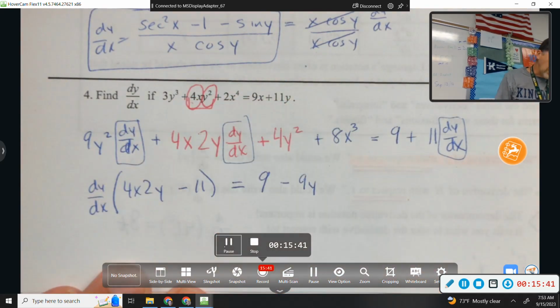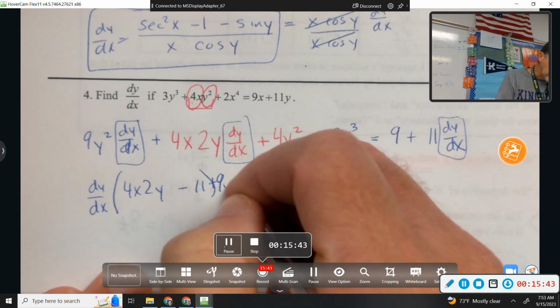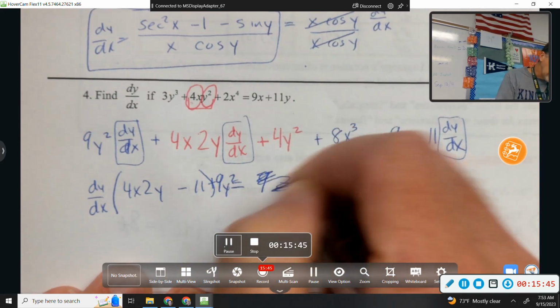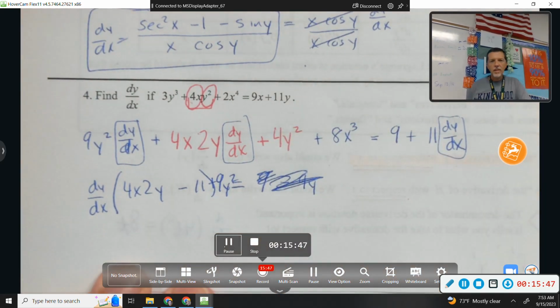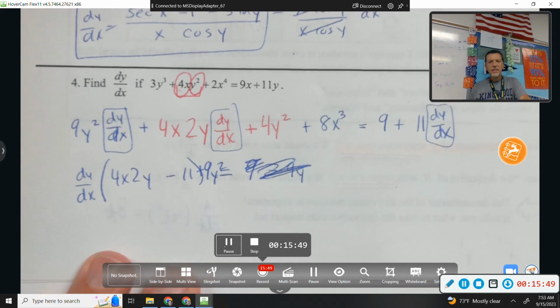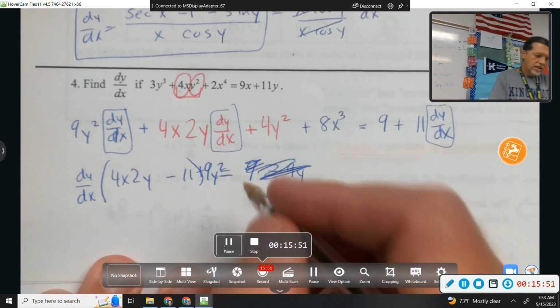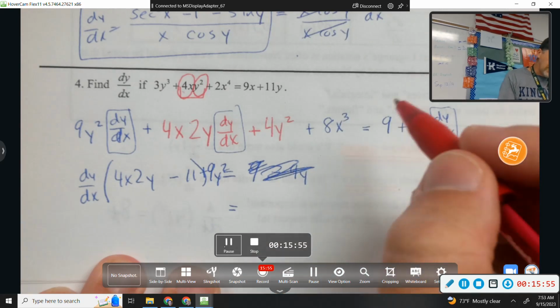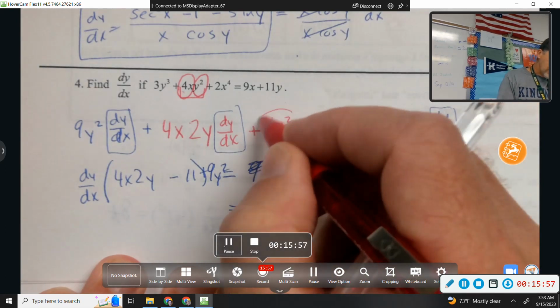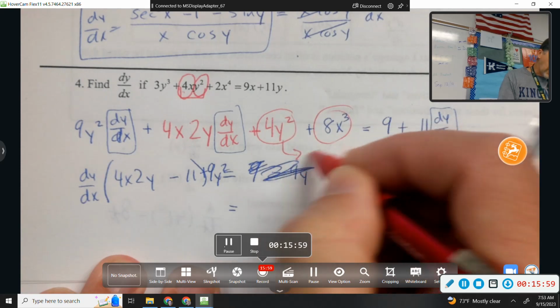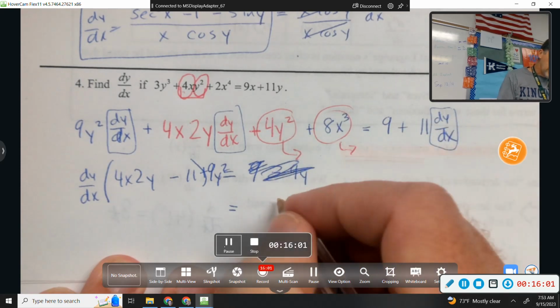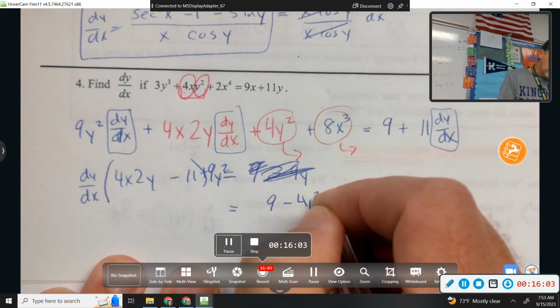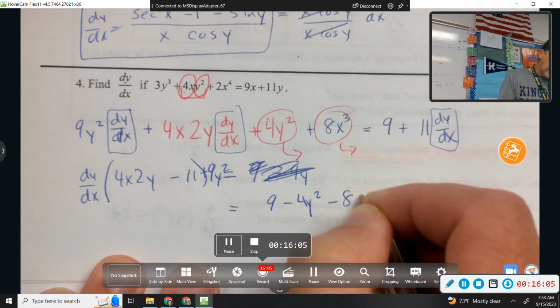I need another 9y squared on there. It's okay, fix it. Wasn't careful enough. So now moving to the other side is this guy and this guy. So 9 minus 4y squared minus 8x cubed.